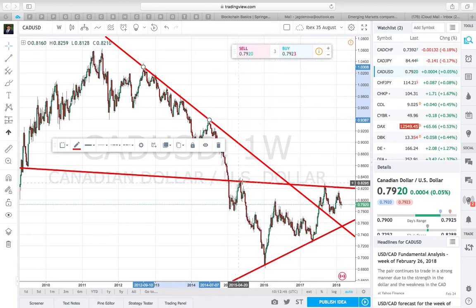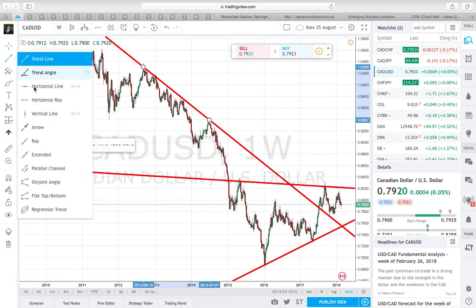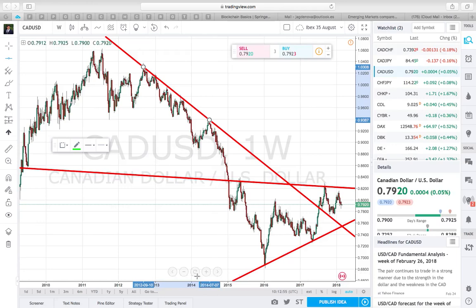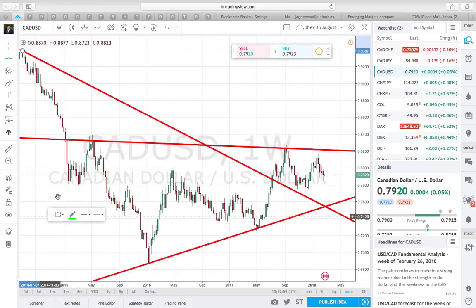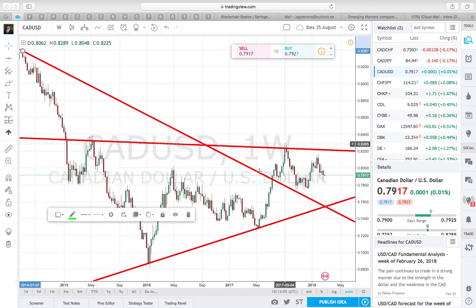Here we can see how it made some kind of double top. It barely touched here. Nothing special to see there.